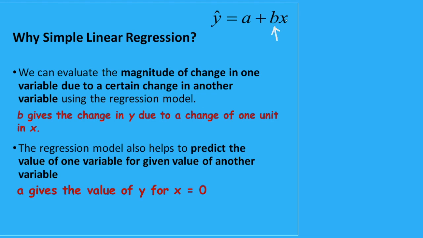So we could actually evaluate the magnitude of change in the dependent variable due to the change in the independent variable using the regression line. Furthermore, the estimated value of the y-intercept, the lowercase a, helps us predict the value of the dependent variable when the value of the independent variable is equal to 0.